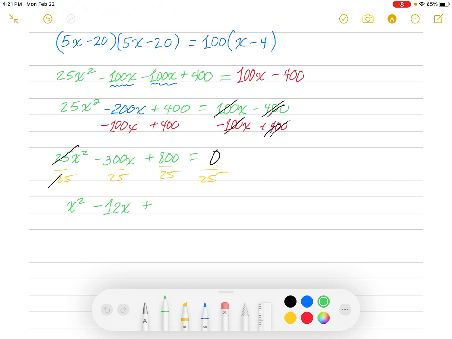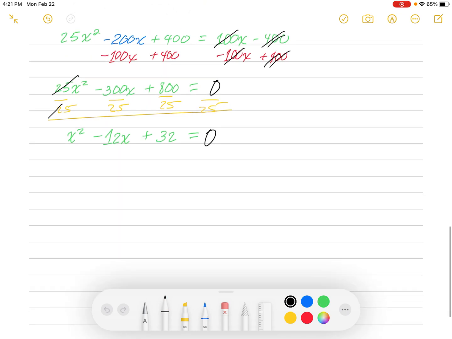So we have 12x. And 800 divided by 25 is going to be, let's see, 32. And on the right side, 0 divided by 25 is 0. 0 divided by anything else is 0.